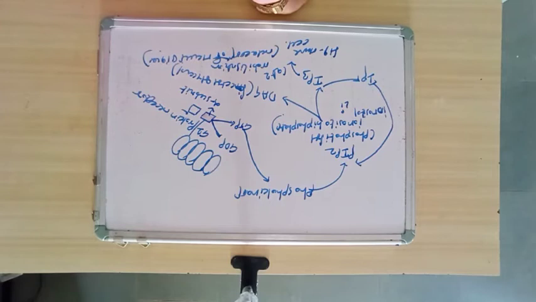So if you consider this IP3, that is inositol triphosphate, it is involved in calcium mobilization, that is the release of nerve signals.